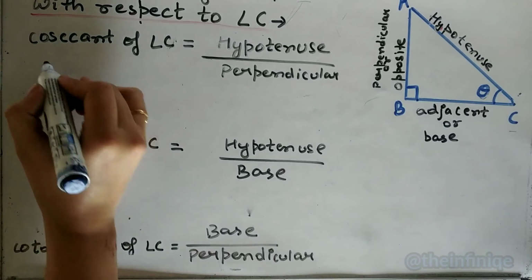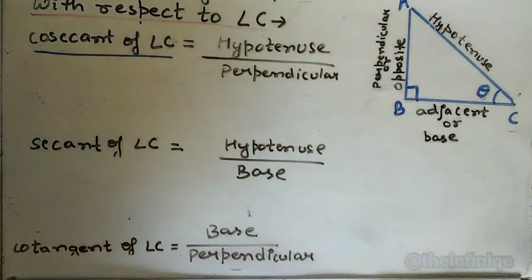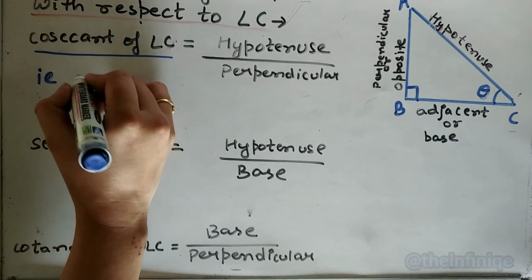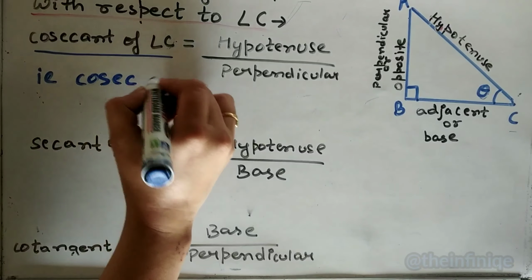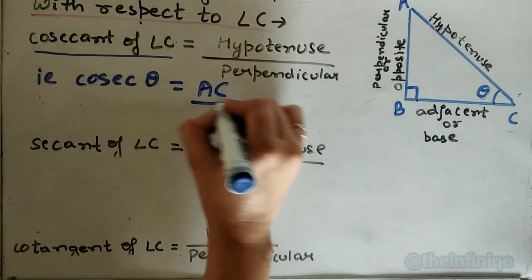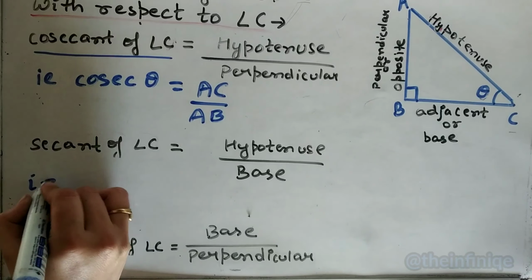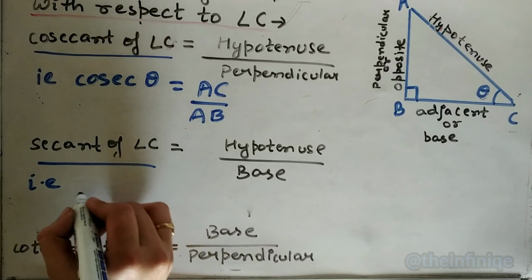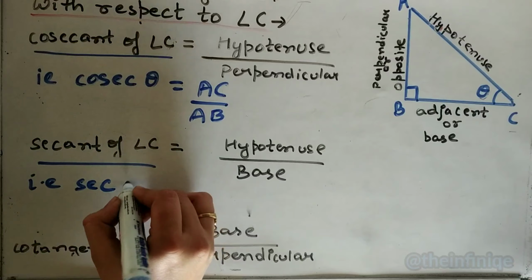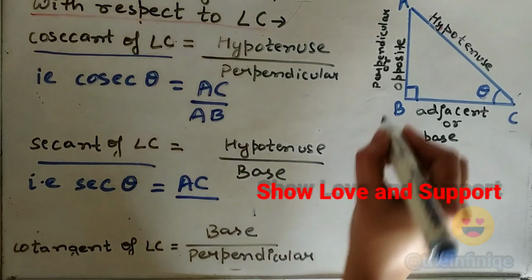Next is cosecant of angle C, which is equal to hypotenuse upon perpendicular, and it is written as cosec angle C is theta, hypotenuse is AC and perpendicular is AB. Then secant of angle C is written as sec angle C is theta, hypotenuse is AC, base is BC.